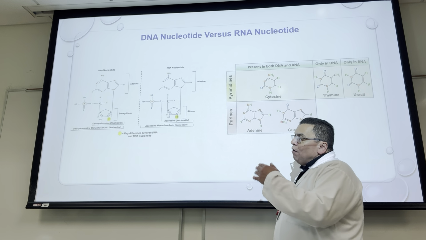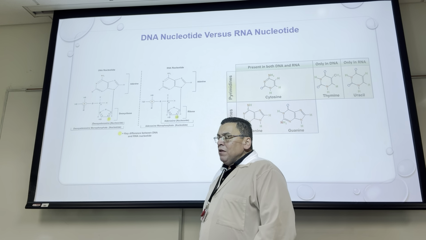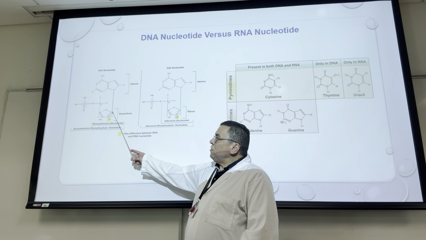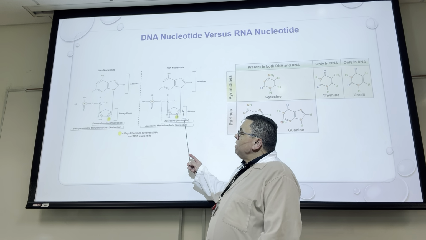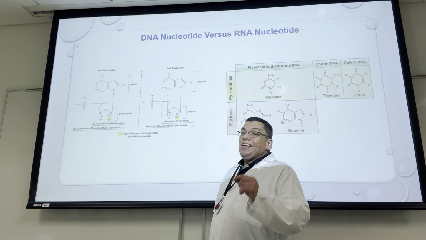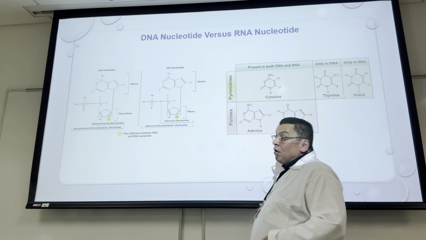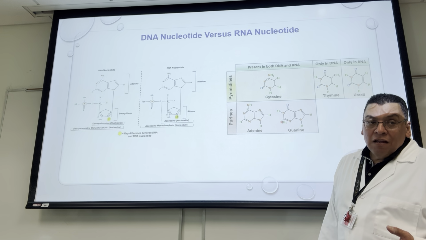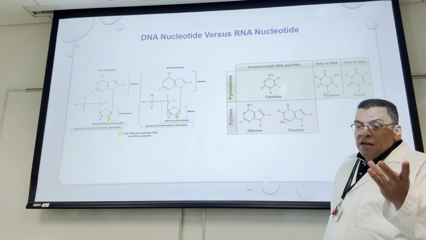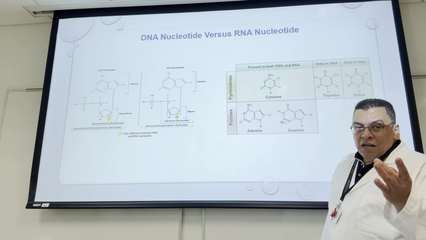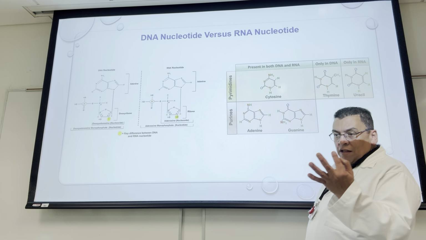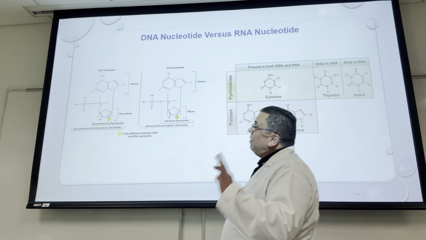Okay, now if you look at the first carbon, it doesn't matter which one you're looking at, the first carbon of the DNA nucleotide or the RNA nucleotide, that's the attachment point for the nitrogen base. Now there are 4 different bases in DNA. Adenine, guanine, cytosine, and what's the 4th one? Thymine. Very good.